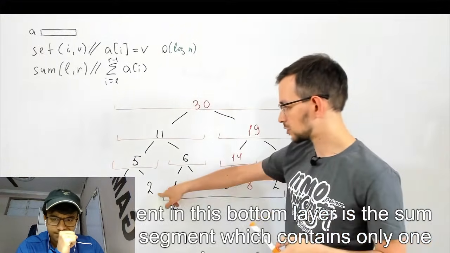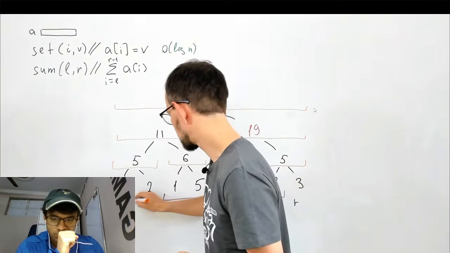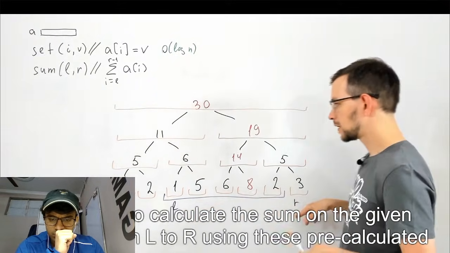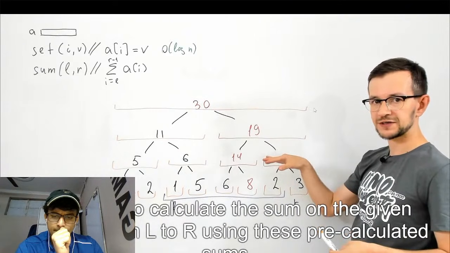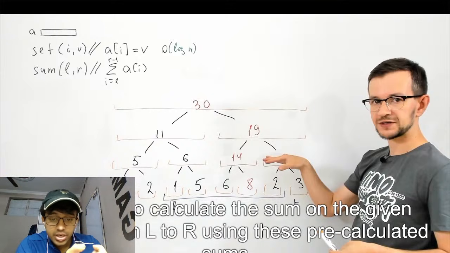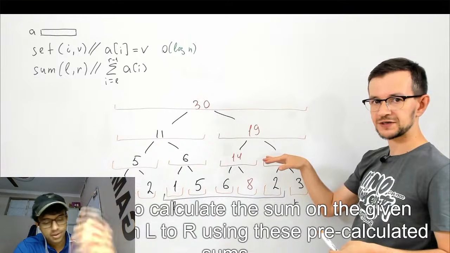We will try to calculate the sum of the given segment from L to R using these pre-calculated sums. Segment means a part. We needed the sum of a segment of the original array, so to calculate it we use these pre-calculated sums from our segment tree. Makes sense?